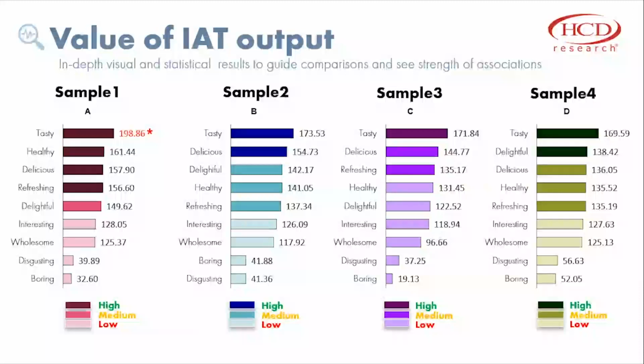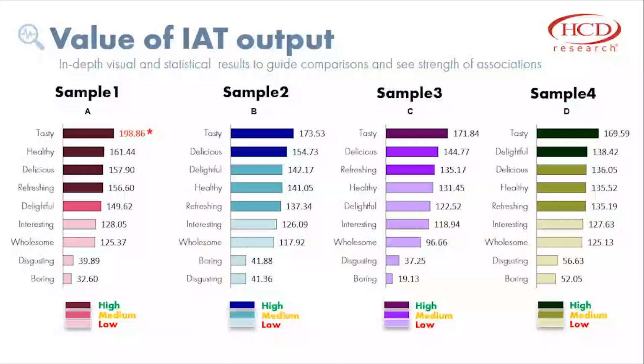Speaking of driving, since you have all these absolute numbers, these scores, and you can run statistics, you can also see how well it combines with some of your other measures like liking or maybe purchase intent. So you can do some correlations or driver's analysis to see, okay, sample 1 is more healthy. Is that also associated with a stronger drive for liking?